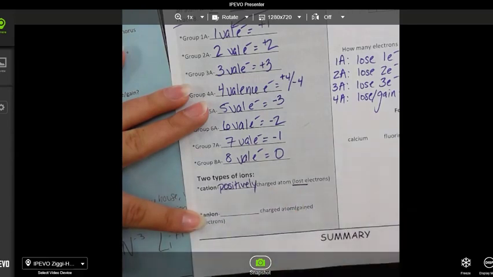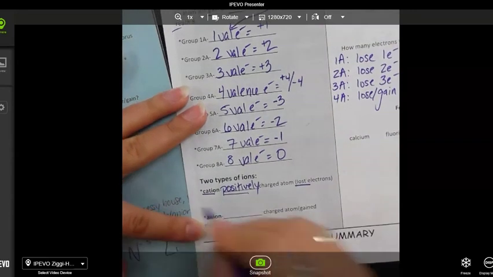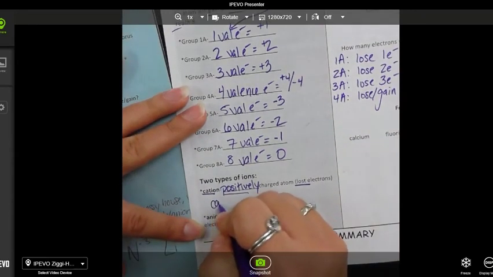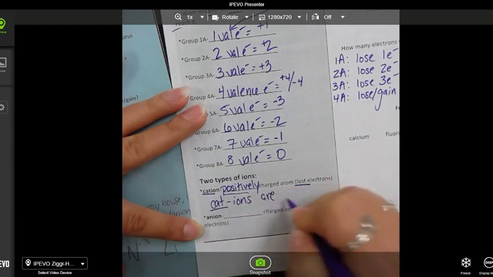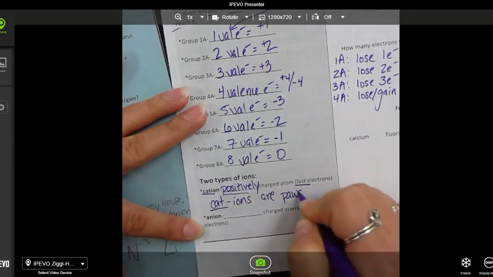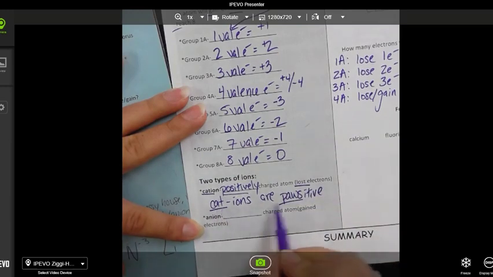So they lost electrons. And a way that you can remember that cations are positive is because cats have paws.